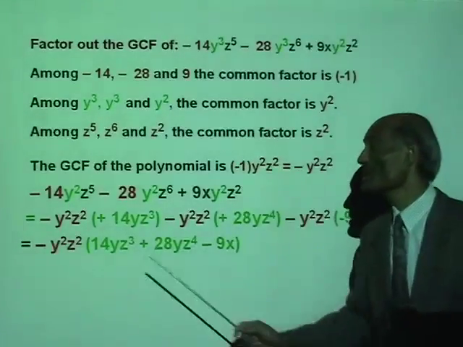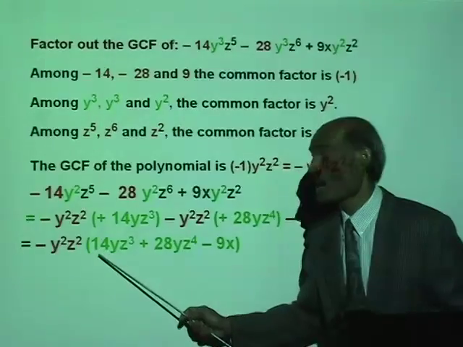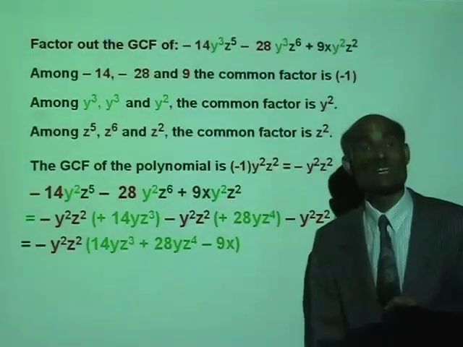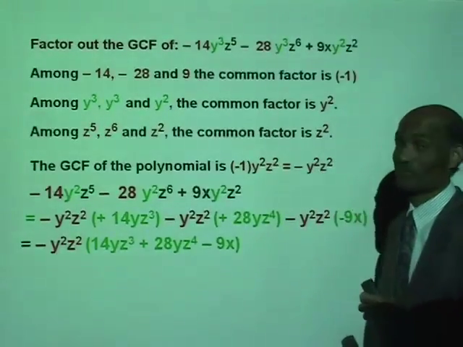And so the answer is negative y squared z squared times 14yz cubed plus 28yz to the 4 minus 9x.